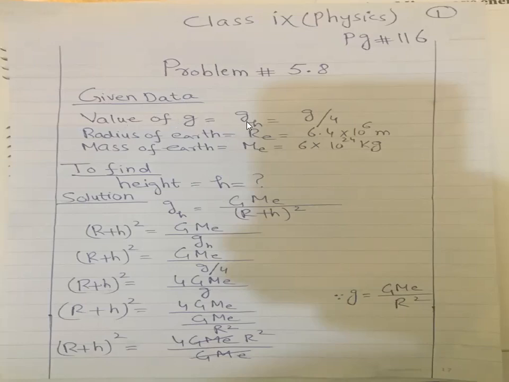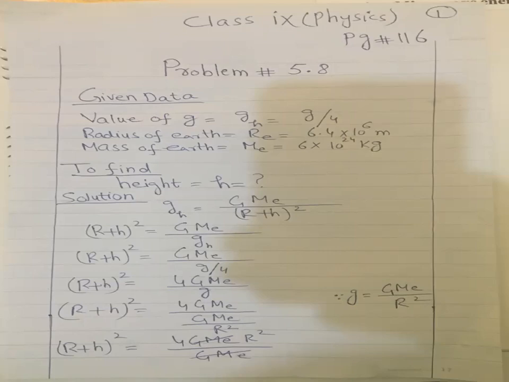Given that the value of g is one-fourth. As we discuss the topic, if you open page number 111, according to the last paragraph of 111 before the numerical example 5.2, we come to know that at a height equal to one earth radius above the surface of earth, the value of g becomes one-fourth of its value on the earth.